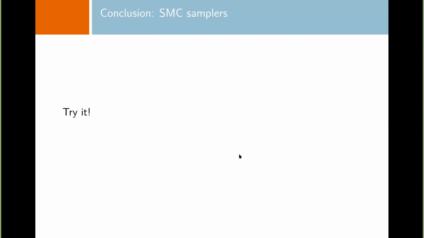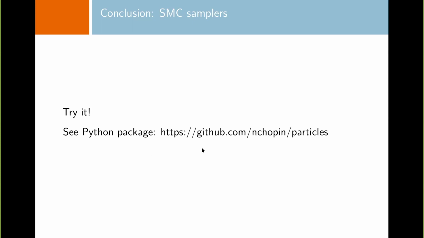Okay. And a more general conclusion about SMC samplers: I hope I made you interested in this algorithm. Please try them. Dang has his own implementation, which implements all the examples in the paper, and the link is in the paper. Otherwise, I'm developing this Python library, and I've re-implemented the first numerical experiment of the paper.